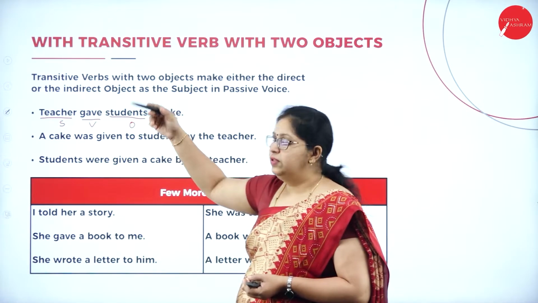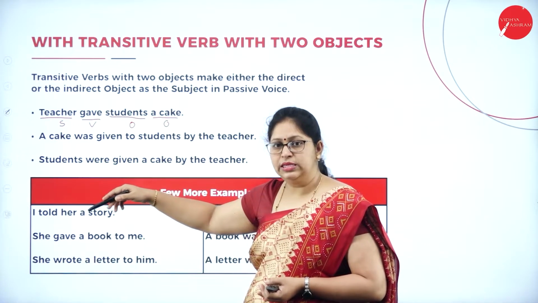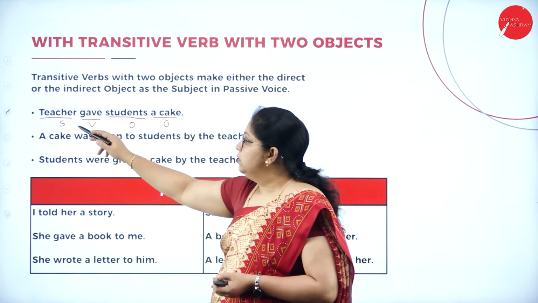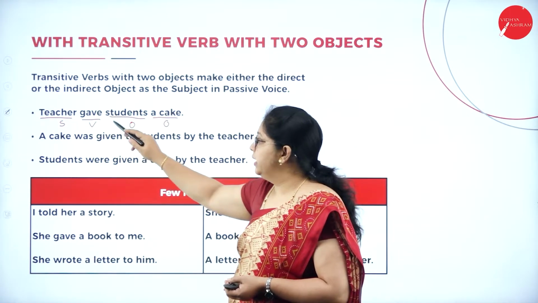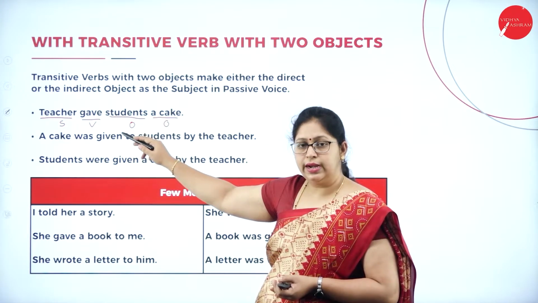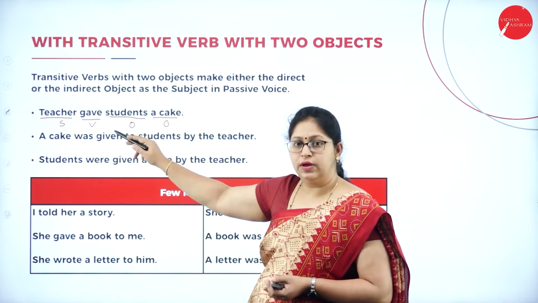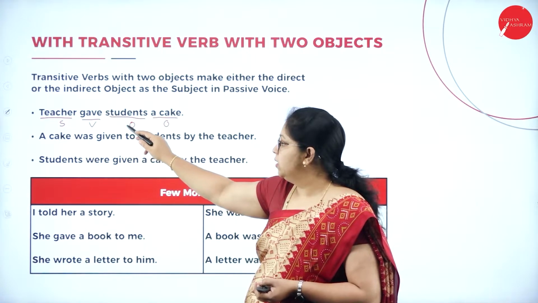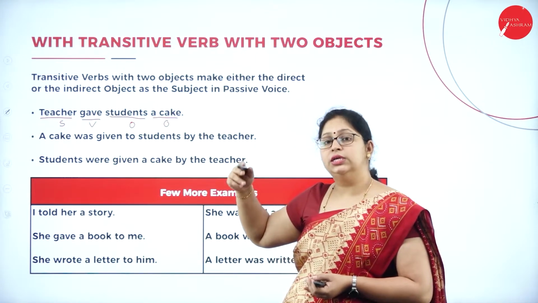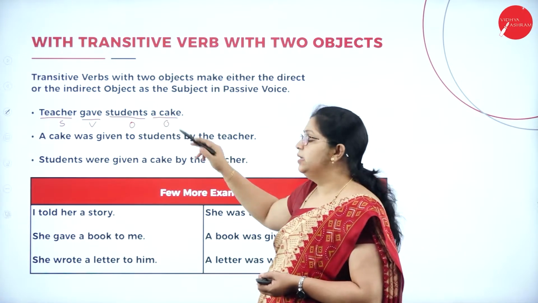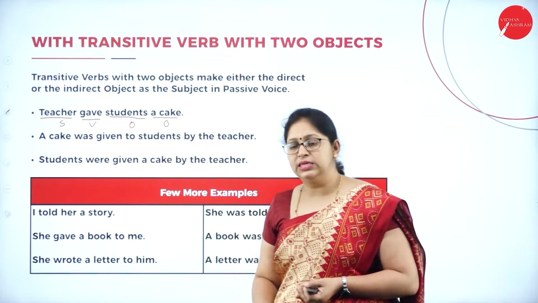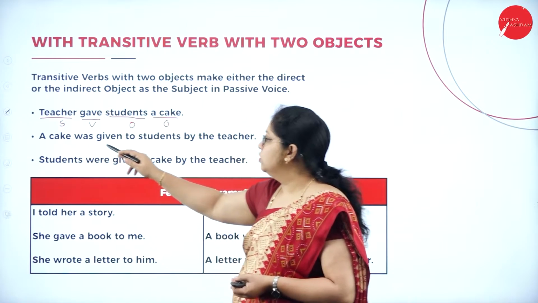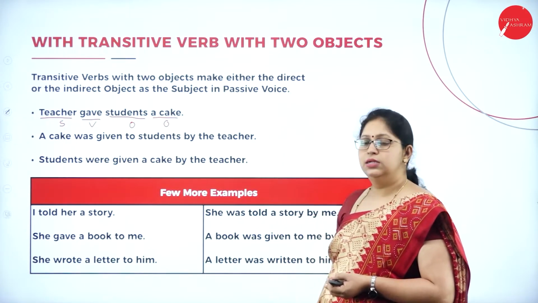So, when we are changing it to passive voice, what happens? You can use either the direct or indirect object. Teacher gave students. So, who is the direct receiver? Students. So, this is the direct object. A cake. What did she give? Comes next. So, this is the indirect object. When we are changing it to passive voice, A cake was given to the students by the teacher.